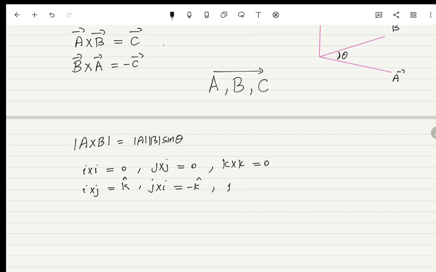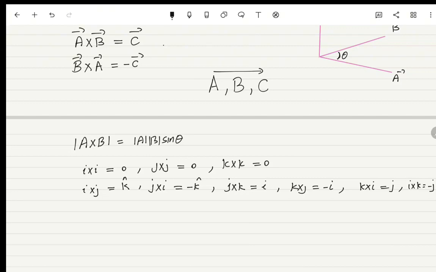Again, J cross K, after J, it's K. So the answer is I. And K cross J, again, it's minus I. Now, K cross I, it's J. And I cross K, it's minus J.